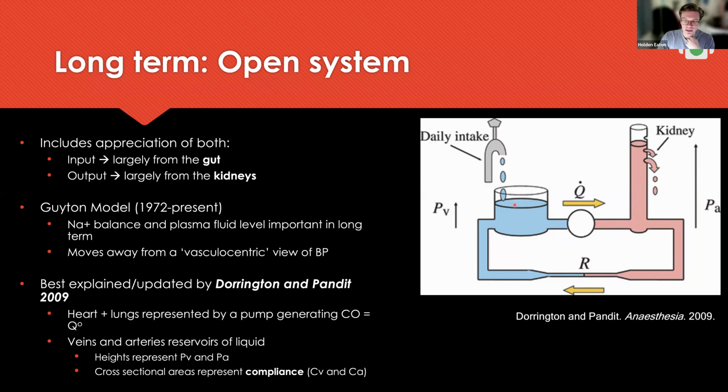The height of fluid in each column represents the pressure in the system via the formula rho gh. As you'll remember from physics in high school, the height of a fluid is proportionate to its pressure at the bottom of the system. And then the cross-sectional area represents the compliance of each system. So veins are more stretchy, more compliant.